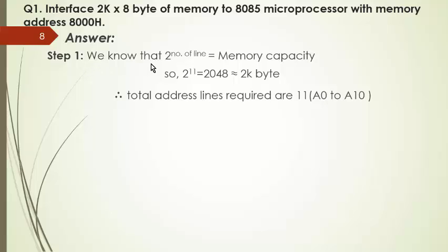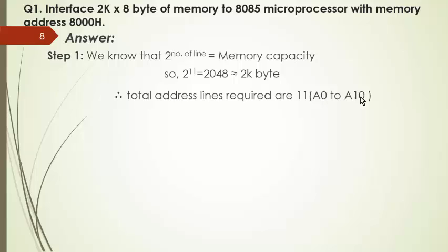Step 1: calculate the number of address lines required to get 2 kilobyte of memory capacity. We know the equation: 2 raised to the number of address lines equals the memory capacity. Therefore 2 raised to 11 gives you 2048, approximately 2 kilobyte of memory capacity.